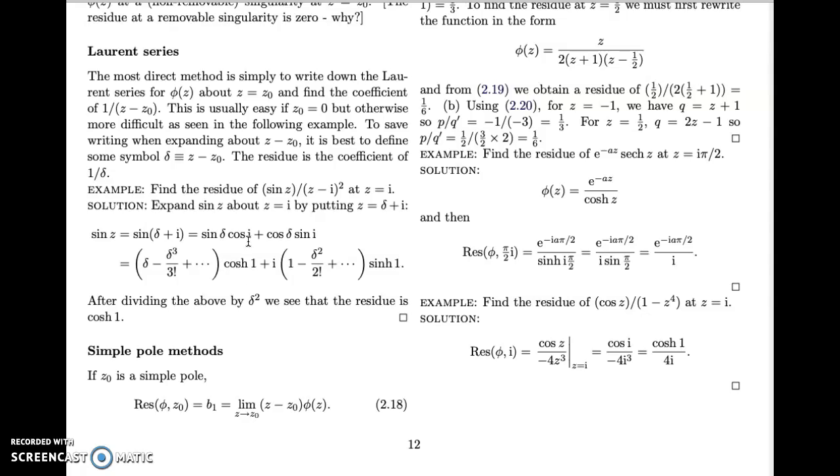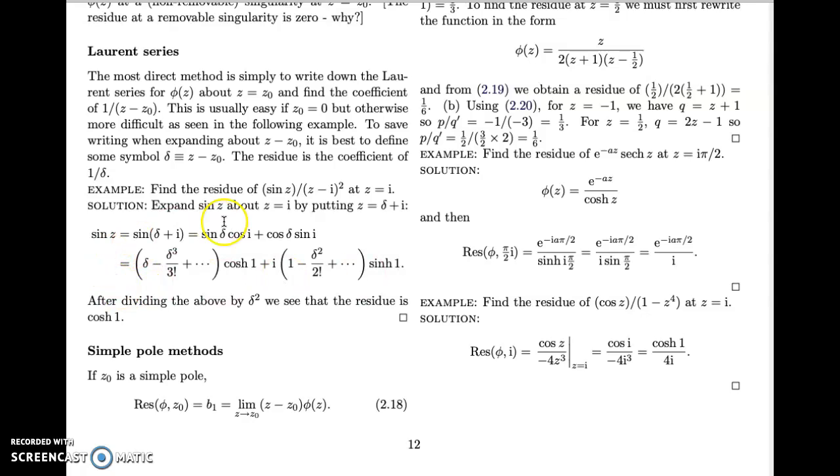In this case z is 1, so cos i is just cosh 1. Similarly, with cos delta, we expand in the normal way, and we've got sin i. Remember, sin(iz) is equal to i sinh z, so it's i, and sinh z is sinh 1, so we've got sinh 1.